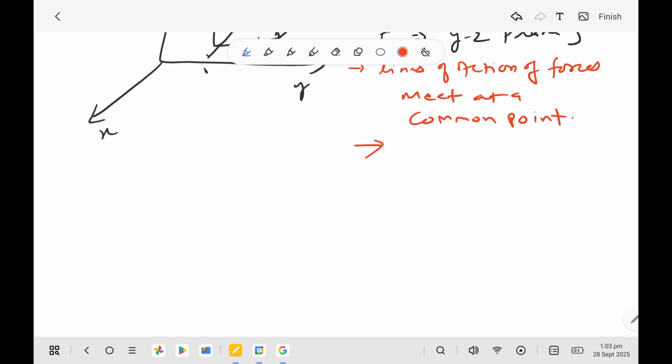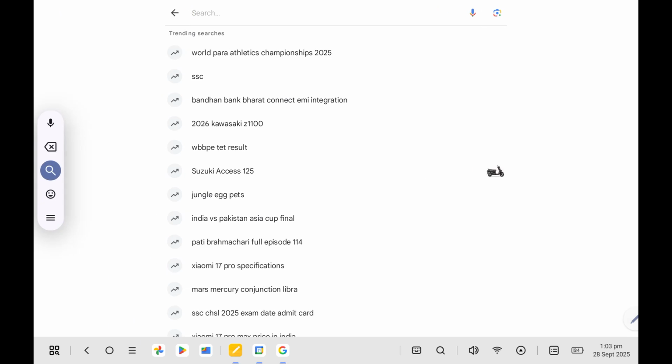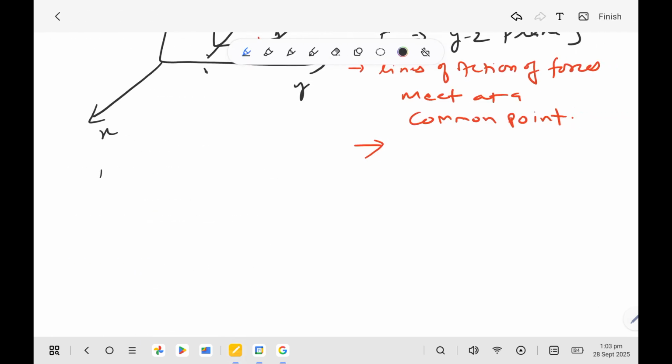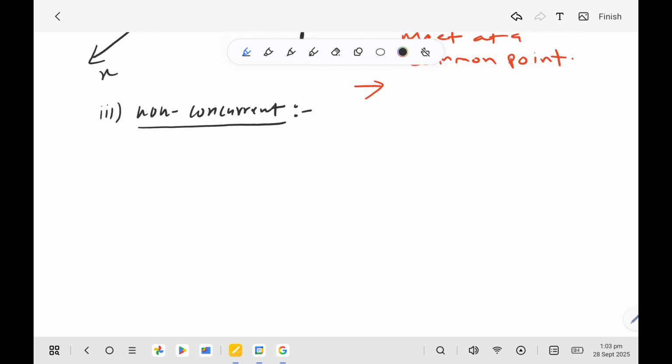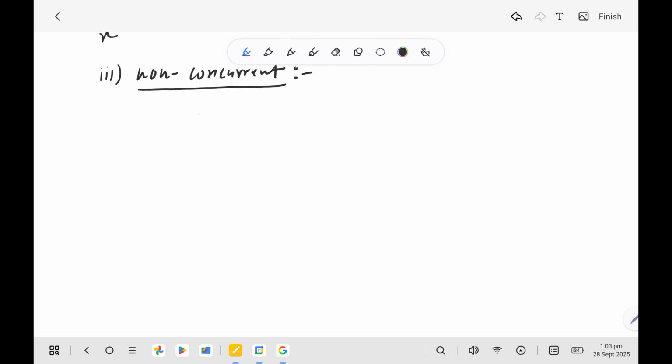So now let's discuss the last category. The third one is the non-concurrent non-coplanar system of forces. To understand the nature of the forces, let's consider an object in space.